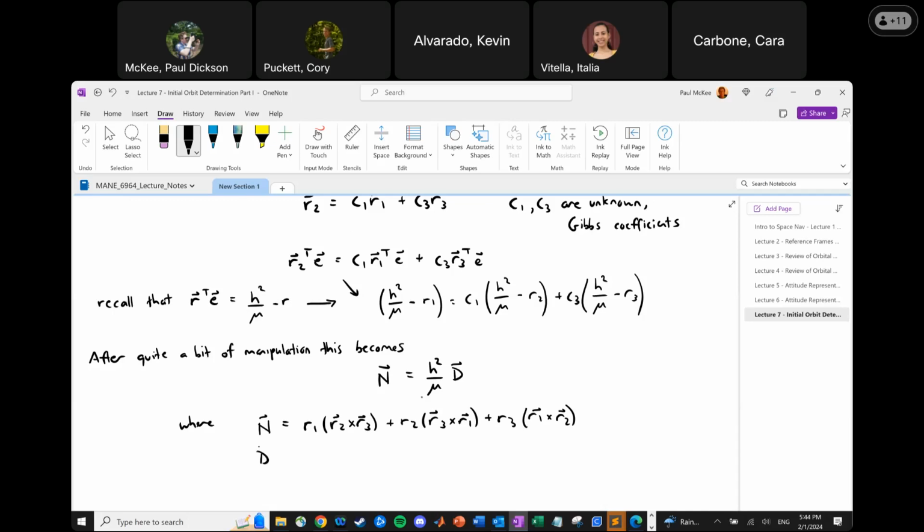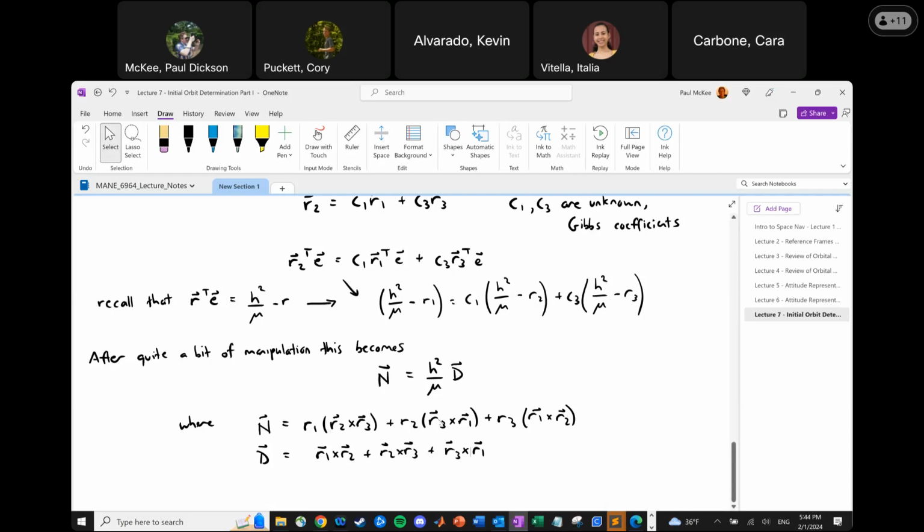And D is equal to R1 crossed with R2 plus R2 crossed with R3 plus R3 crossed with R1. And so what this means is you can compute N and D from the stuff that we started with.